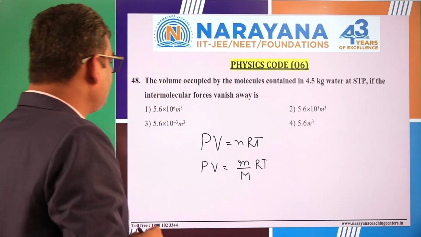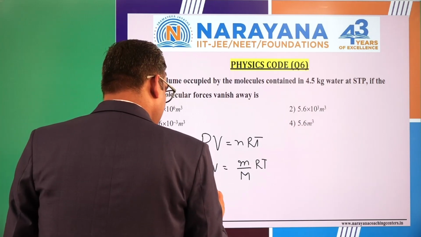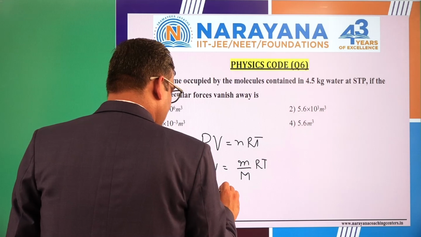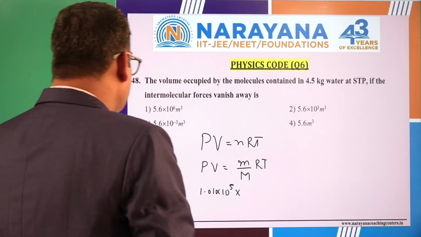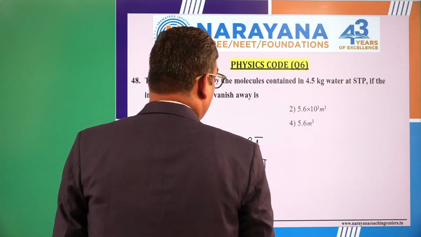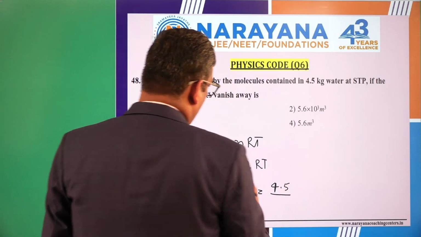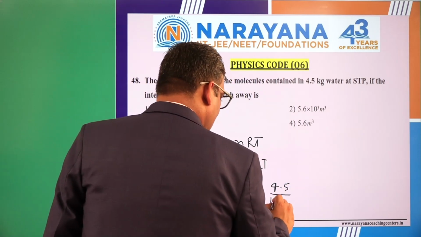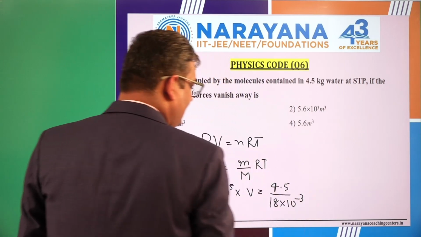If we put the values here, then pressure will be atmospheric pressure, which can be written as 1.01 into 10 raised to power 5. Volume of the gas is to be calculated. Now mass is given as 4.5 kilogram. Molar mass of water is 18. If we write it in kilogram, then we have to multiply it with 10 raised to power minus 3.